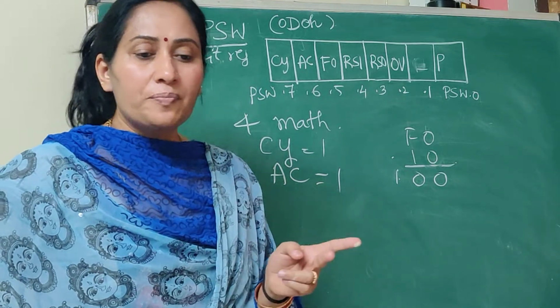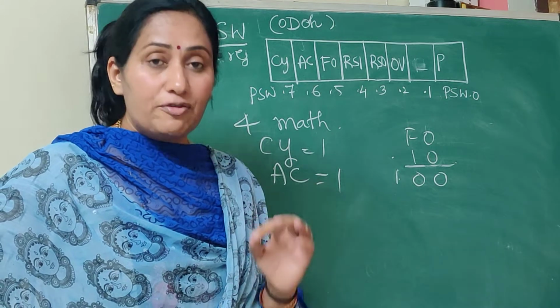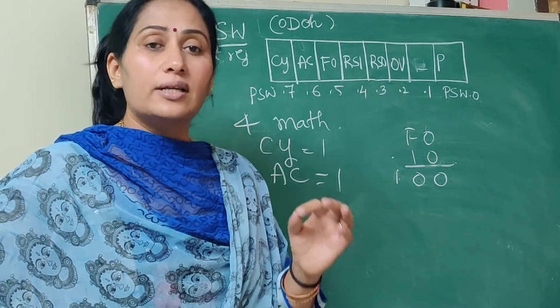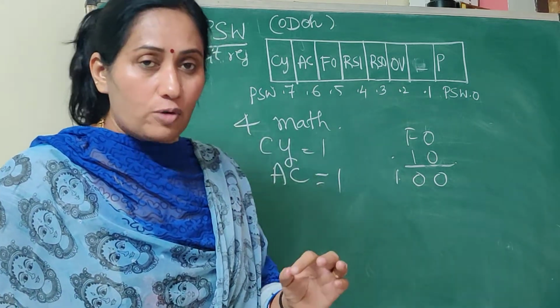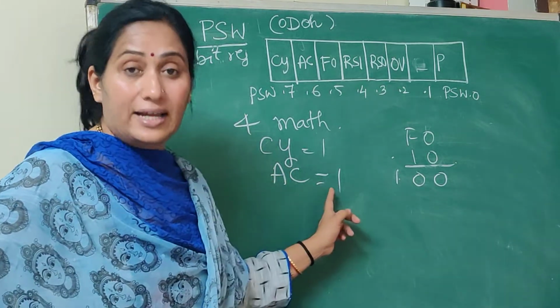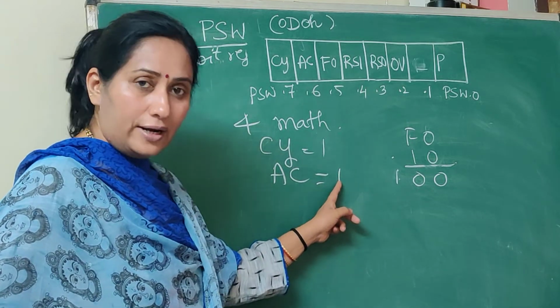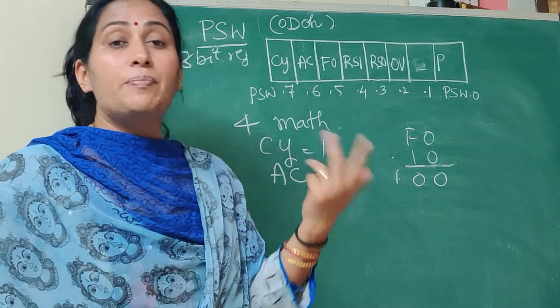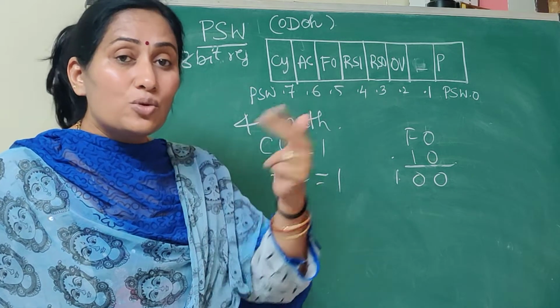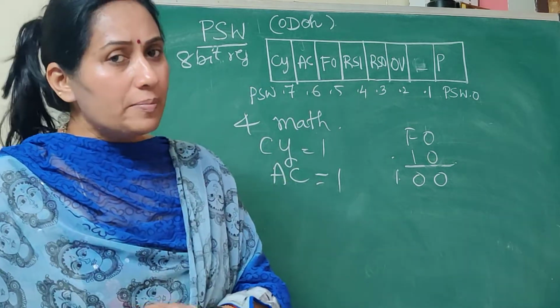Whenever I perform BCD arithmetic, if I want the result in BCD form only, then I'm going to see the status of the auxiliary carry. If the auxiliary carry is 1, then the CPU is going to add 6 to that particular nibble and give me the result in the BCD format.